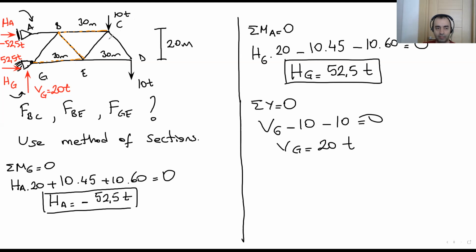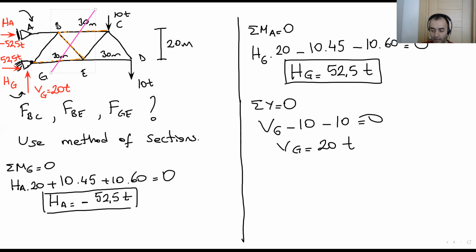We cut the system along a line, for example, here. If we cut the system in this direction, we have two members here, the right-hand side and the left-hand side.